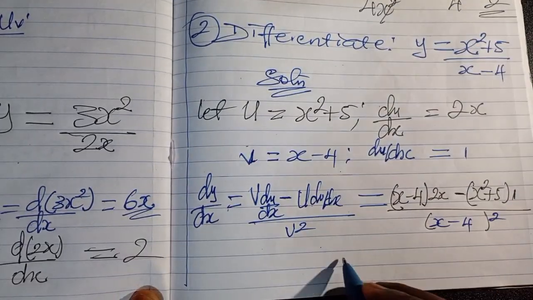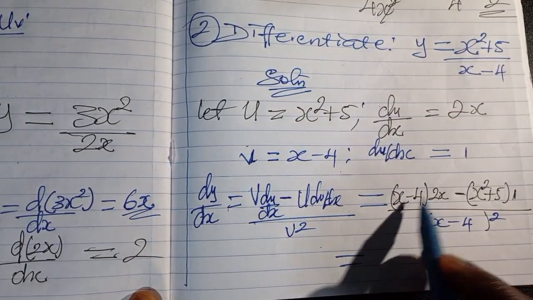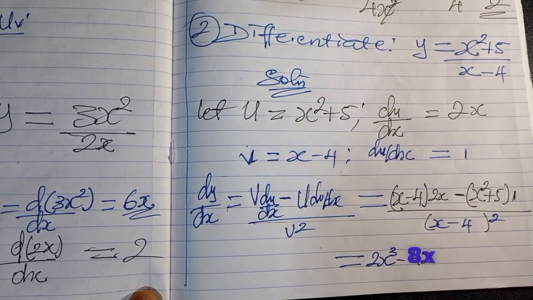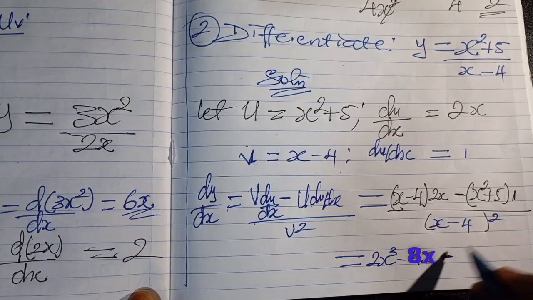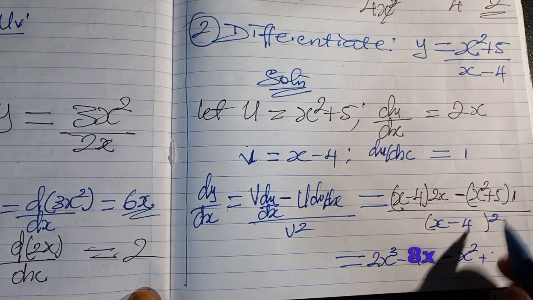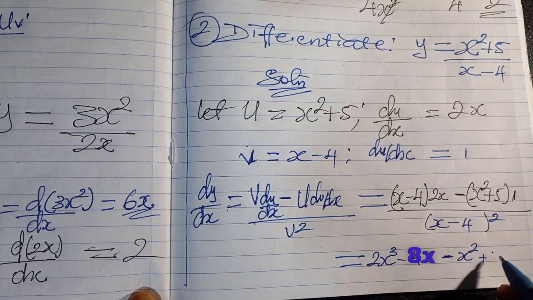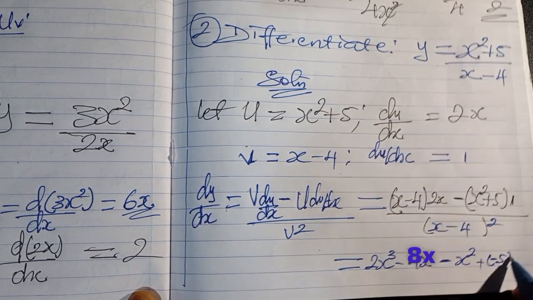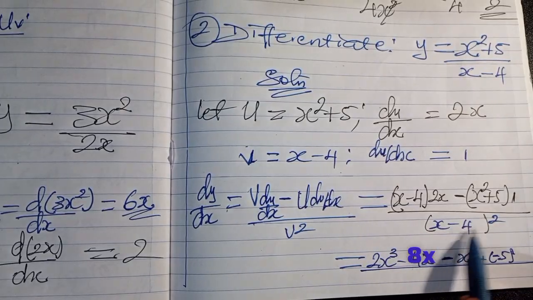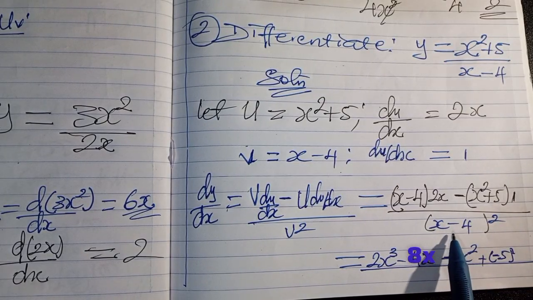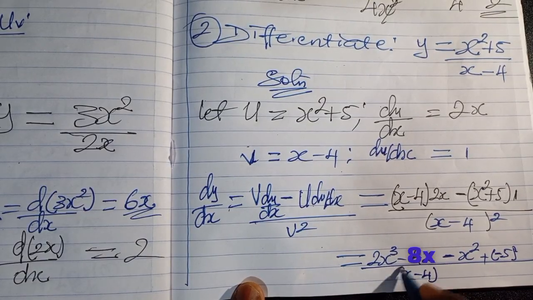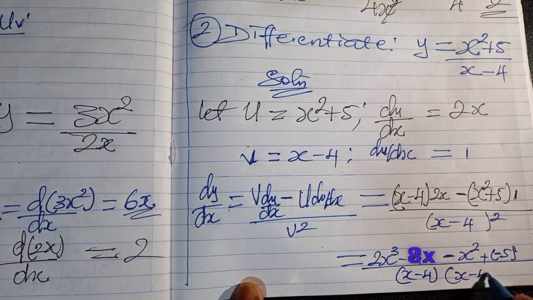Good. So let's open the bracket. When you open the bracket, you have 2x raised to power 3 minus 8x. Then minus x raised to power 2, then plus times minus, you will still have minus 5 here. Are you getting it? Then divided by, we want to expand this. This is a perfect square, so we expand it to be x minus 4 bracket x minus 4.